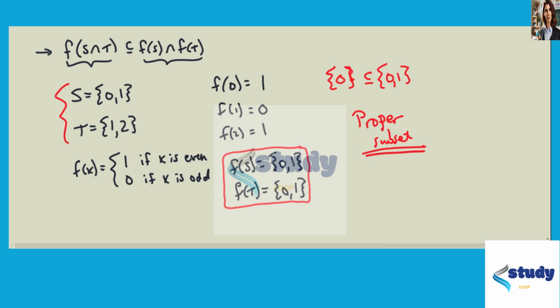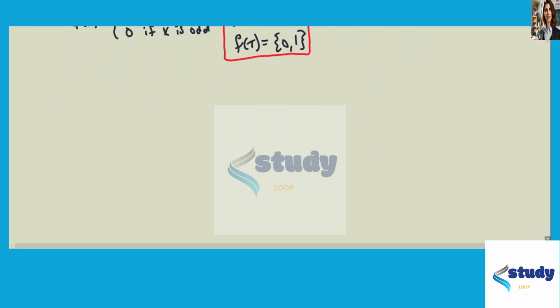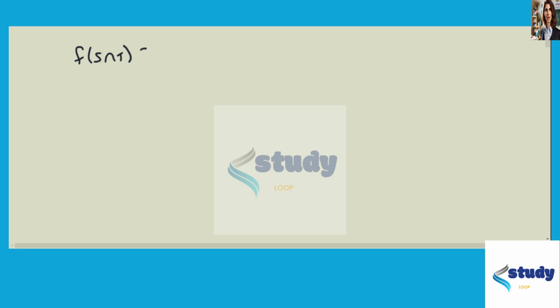Okay, now for part B. I'm going to scroll down and I'm going to recopy that piece for us just so we can reference it. So let me recopy. I have f of S intersect T is a subset of f of S intersect f of T. What we want to show here, we proved this direction in exercise 42, that the left-hand side is a subset.